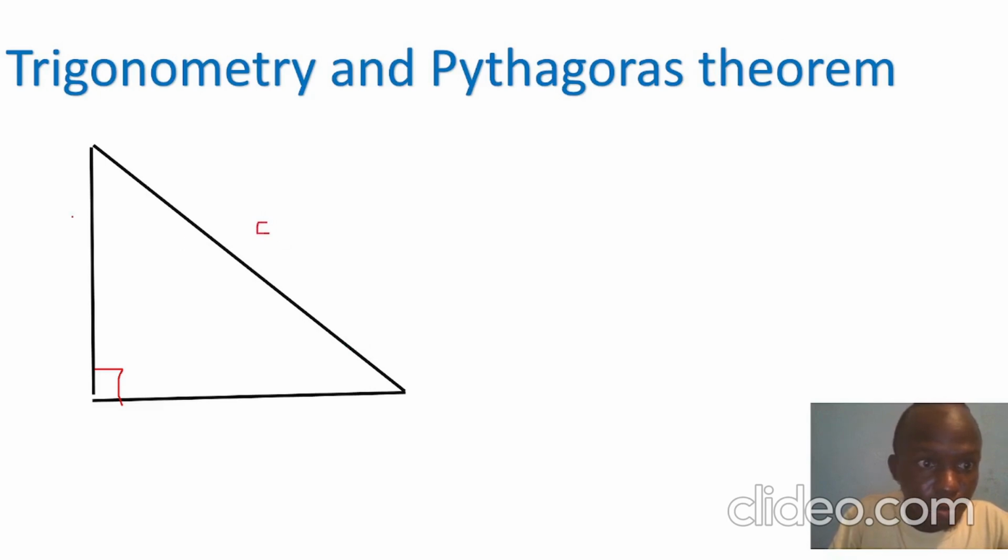That is C, that is B, and that is A. So C squared is equal to B squared plus A squared, or rather we can say B squared is equal to C squared minus A squared.